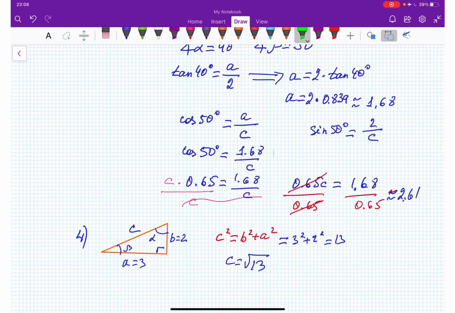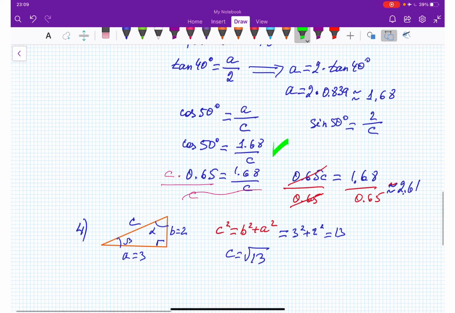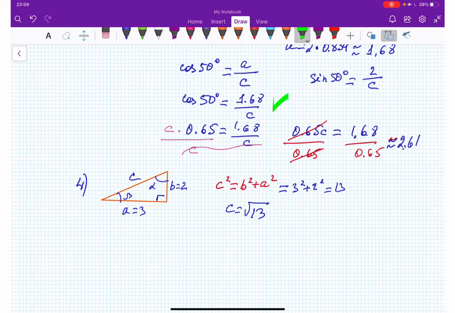Just like here I used decimal notation and lost 0.02 to be precise, therefore I'm avoiding using the hypotenuse.